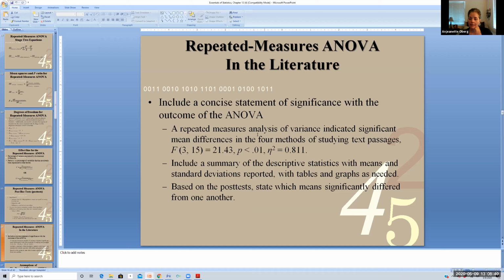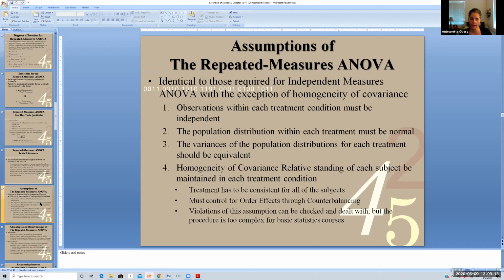If it was less than 0.05 or less than 0.01, whichever alpha level you choose, you have to report your effect size. And then you're going to go on and follow up using the formula that I gave you, and you're going to now have a statement of interpretation, do your post hoc analyses, and tell me which treatment conditions are different from one another. Okay? And then, of course, you need to report the p-values for each of those post hoc analyses that are significant.